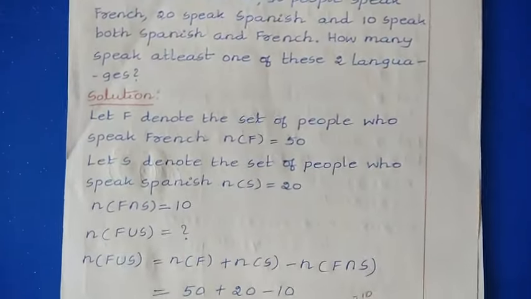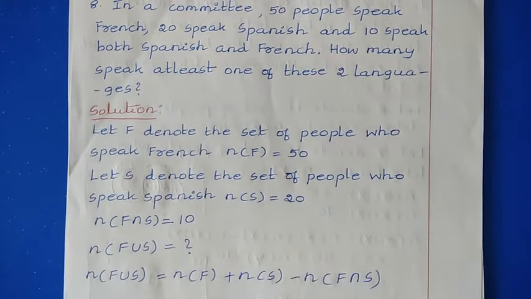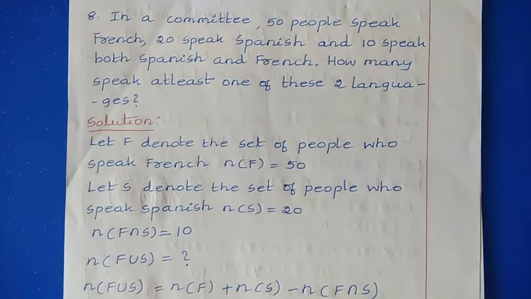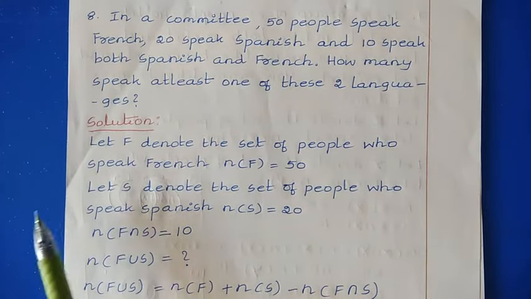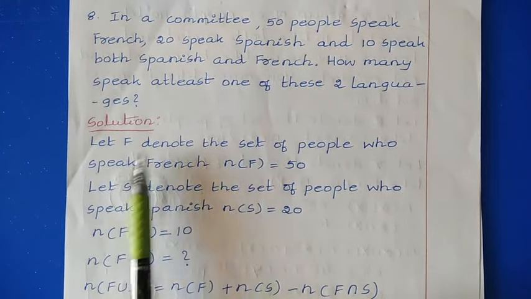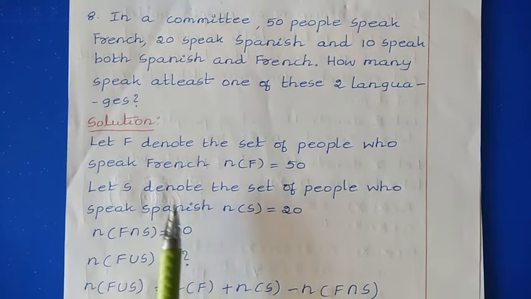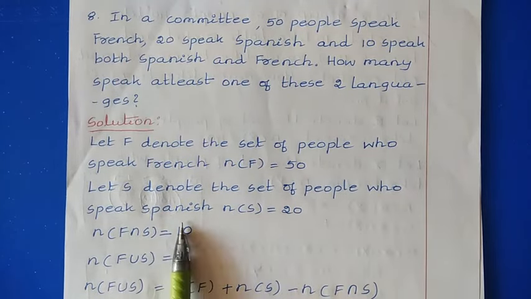Next we will discuss the 8th question. In a committee, 50 people speak French, 20 speak Spanish, 10 speak both Spanish and French. How many speak at least one of these two languages? First let us define the sets. We will take two sets, F as the set of people who speak French and S as the set of people who speak Spanish.